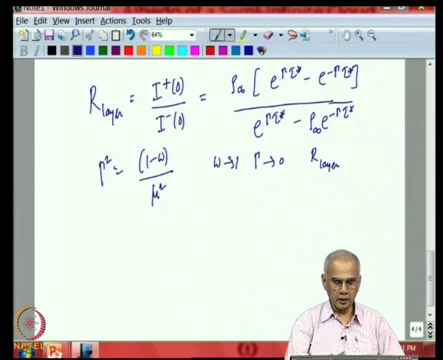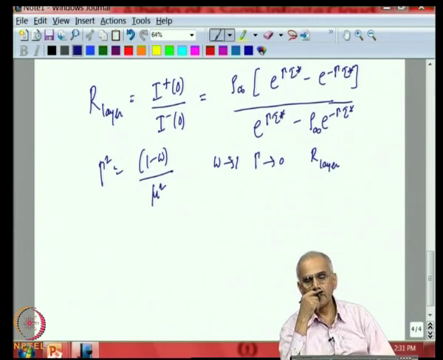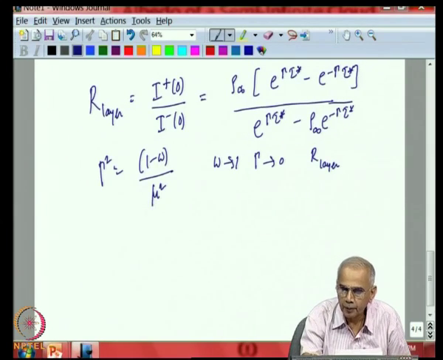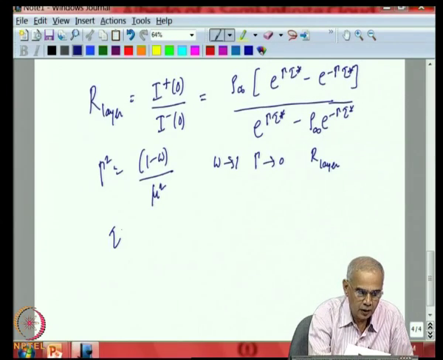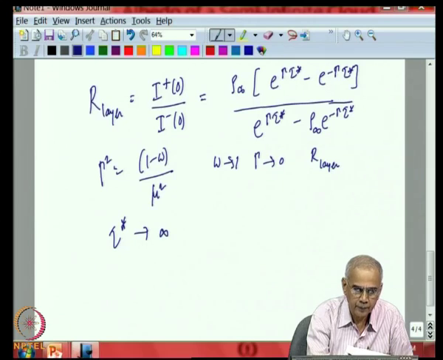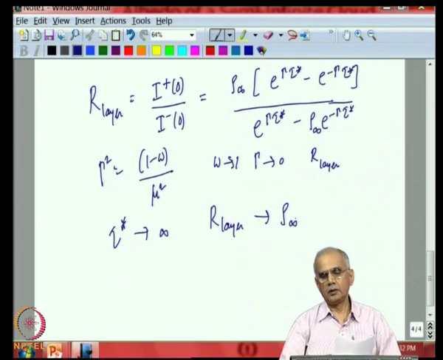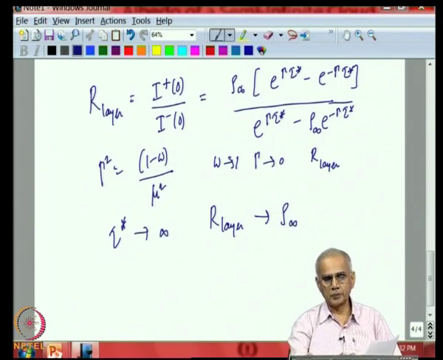Now let us look at the other limit, when the optical depth of the layer is very large. We can think of a semi-infinite region, then this term will drop out, this term will drop out. So, if tau star tends to infinity, you see R layer tends to rho infinity, which is not surprising.